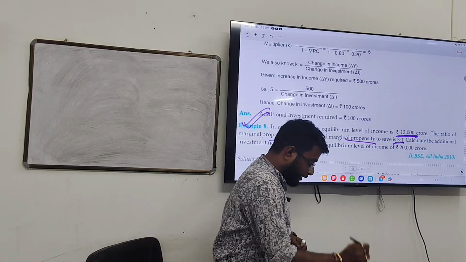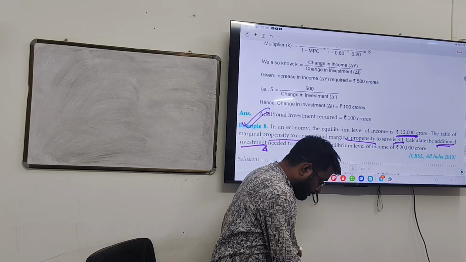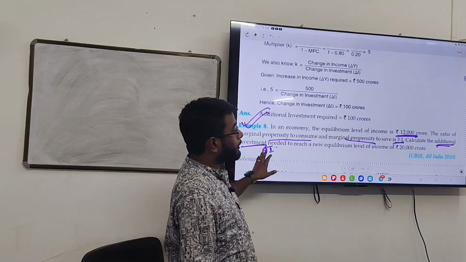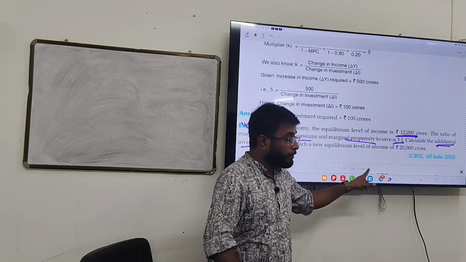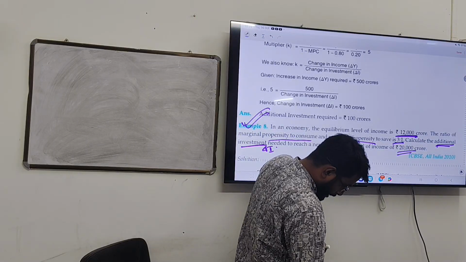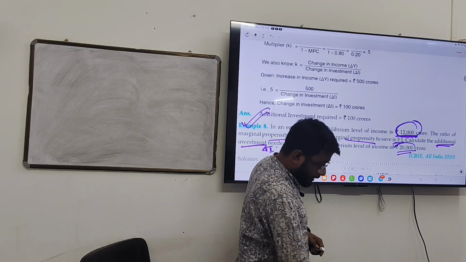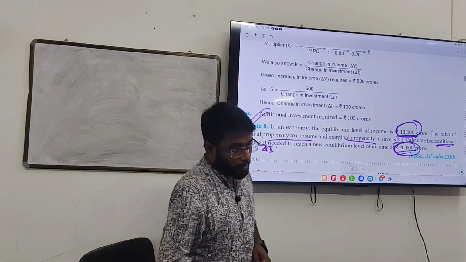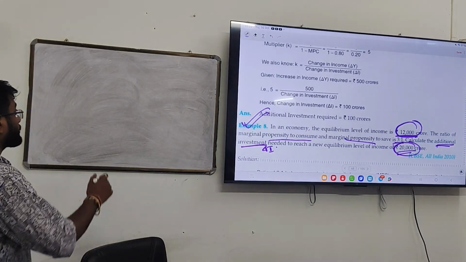Calculate the additional investment, that is delta I, to reach the new equilibrium level of income 20,000.